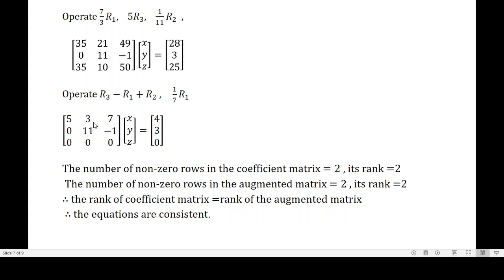How to find the solution? Let us multiply the matrices. 5 into x plus 3 into y plus 7 into z is equal to 4. 0 into x plus 11 into y minus z is equal to 3.